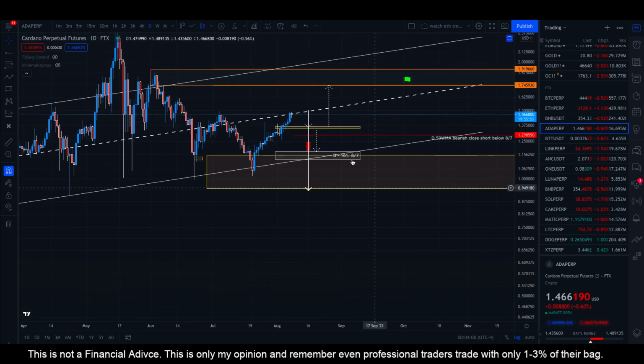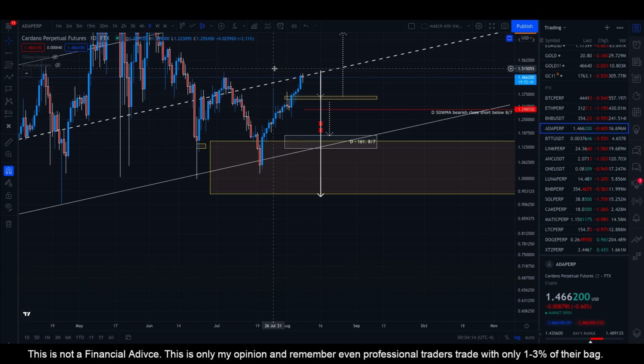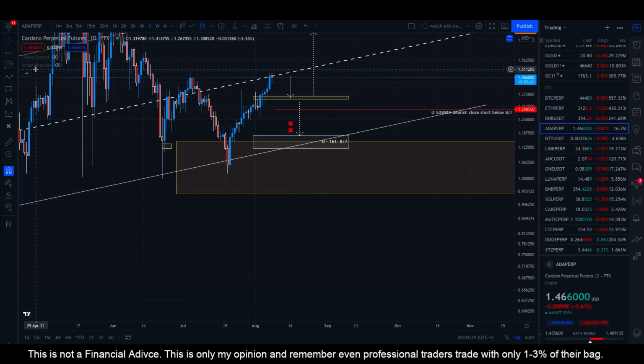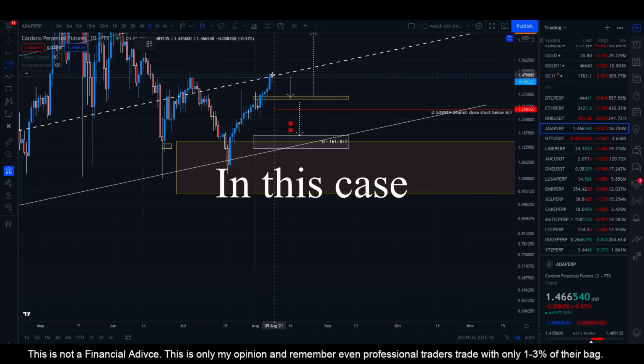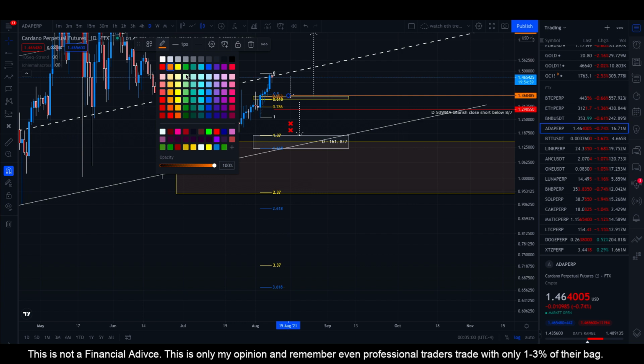you'll see here that if we look closely, the price is retracing a little bit off of the mid level of the channel. We can measure this move here with the Fibonacci tool, and you'll see here that the 618 zone of this move falls right on this level between 1.36 and 1.34.